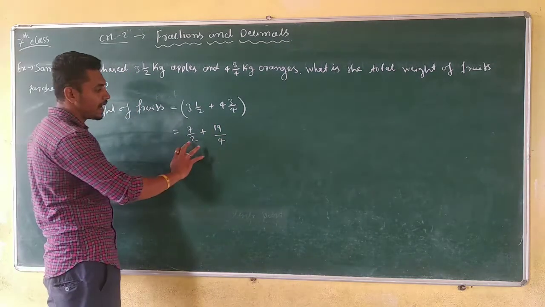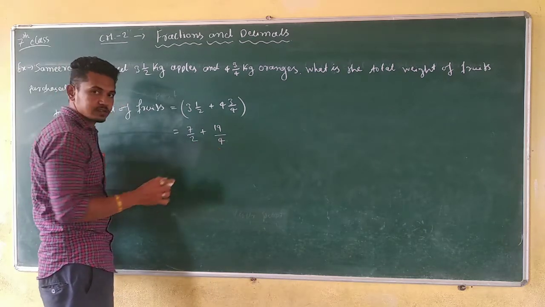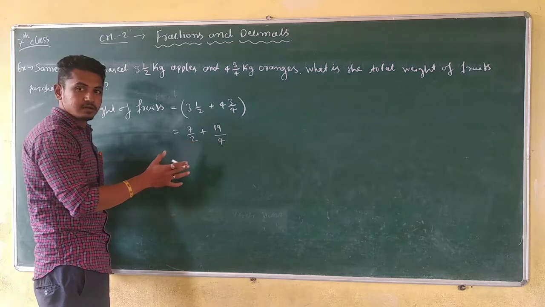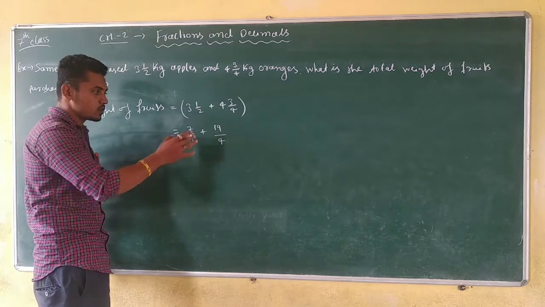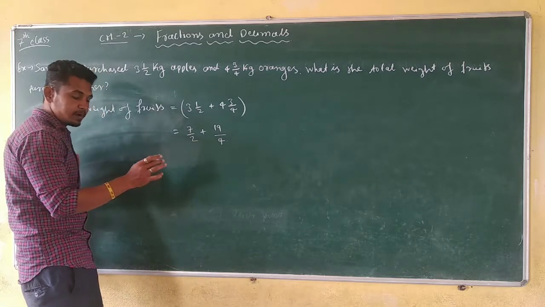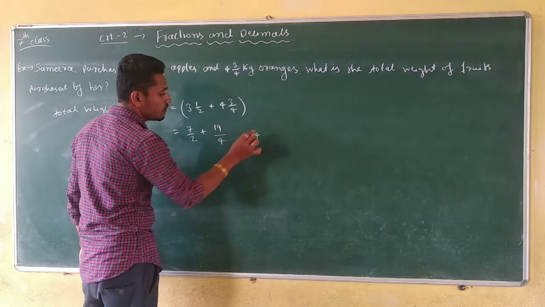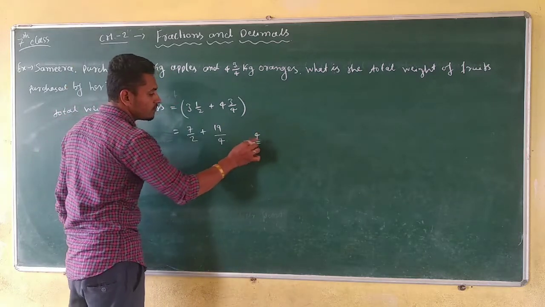Next, now we have to add these two fractions. First, observe these denominators. The denominators are different, so first we have to make the denominators equal. First, we have to find their LCM. The LCM of 2 and 4 is 4.